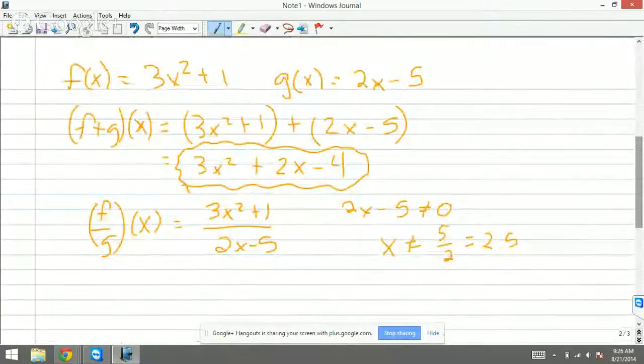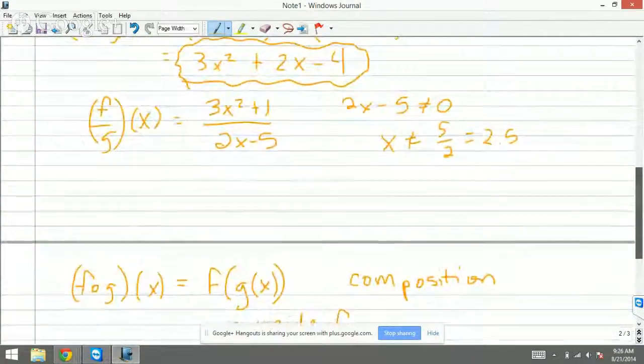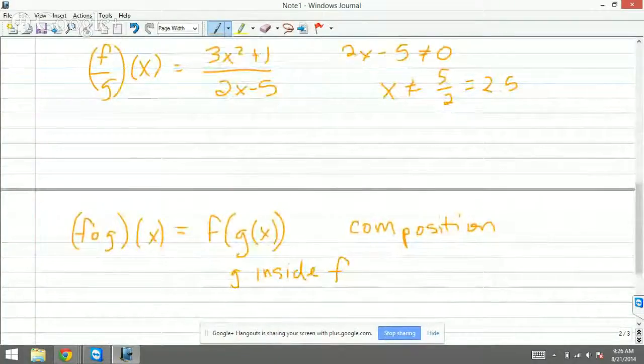Can I use the same functions from before? Yeah, no? Okay. What is f of g of x?